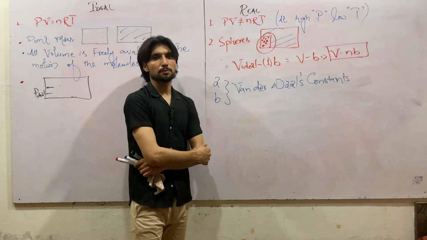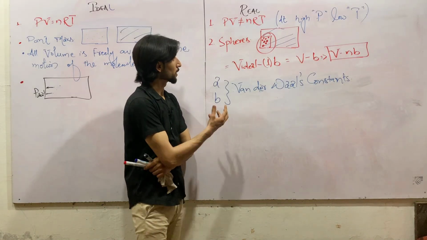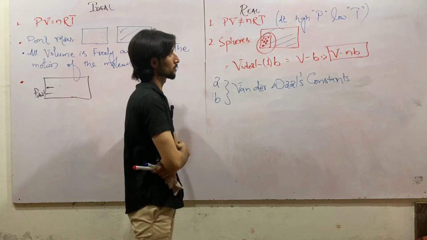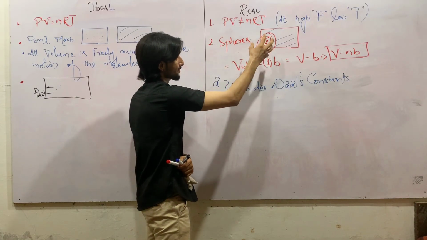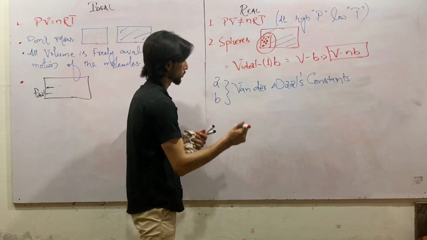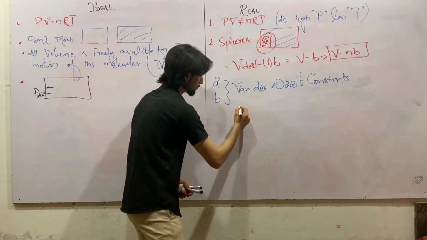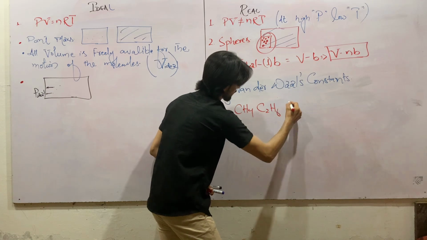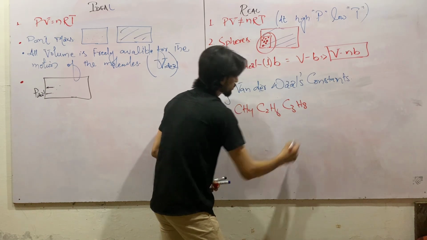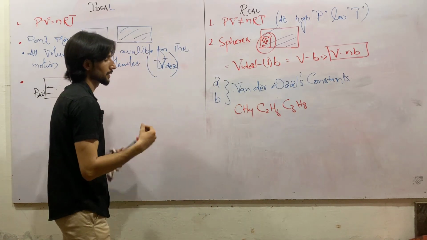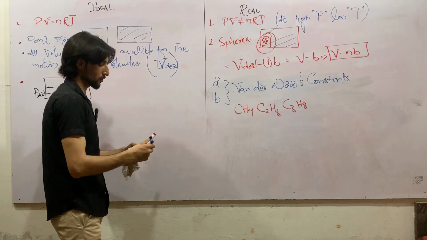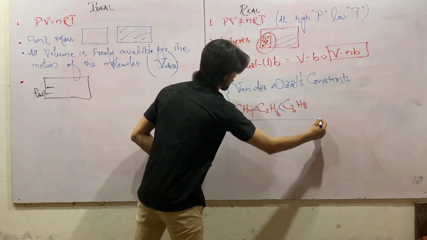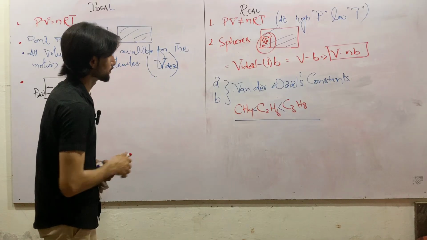Greater the size of the molecule, greater will be the excluded volume, the volume occupied by that molecule. So suppose CH4, then C2H6, and then C3H8, which one would have a greater value of b? It is obvious, greater the size of the molecule, greater will be its value of b. So this was about b.